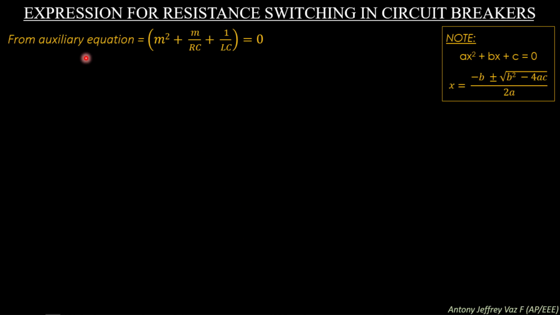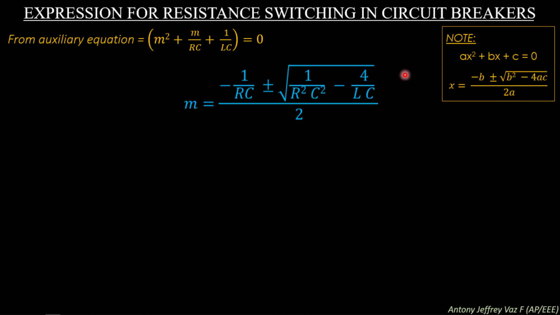From the auxiliary equation for resistance switching, we can say the roots of the equation will be of the form x is equal to minus b plus or minus square root of b squared minus 4ac divided by 2a, which is the standard form for finding the roots. So we are getting m is equal to minus 1 by RC plus or minus square root of 1 by R square C square minus 4 by LC divided by 2.